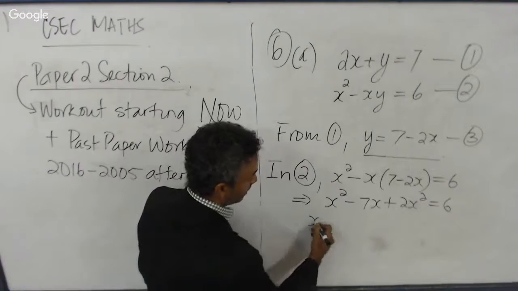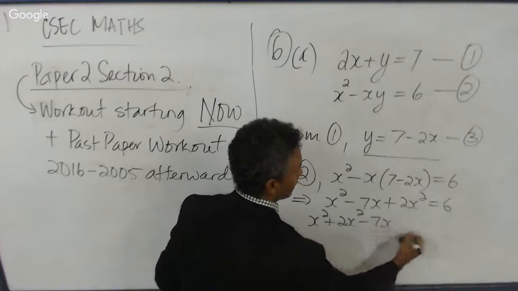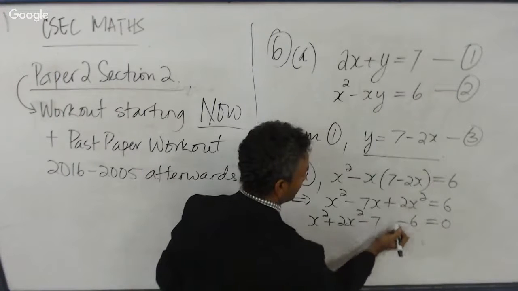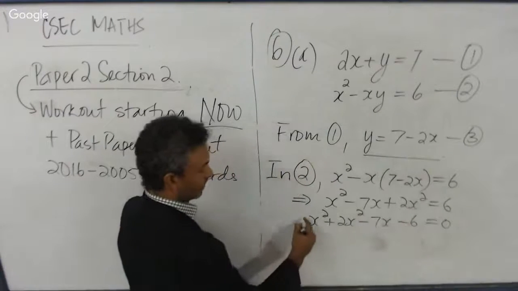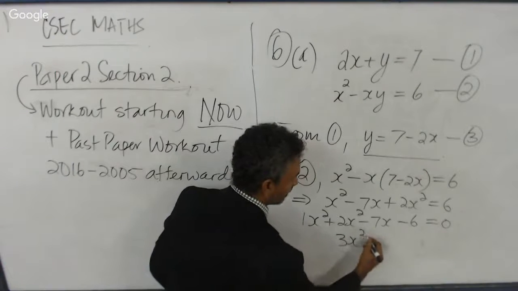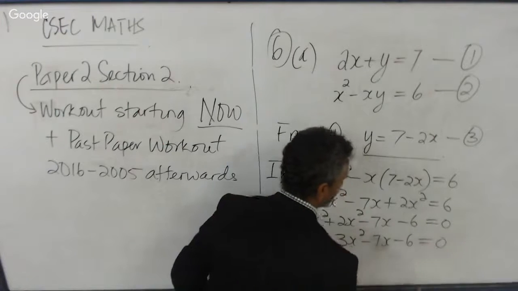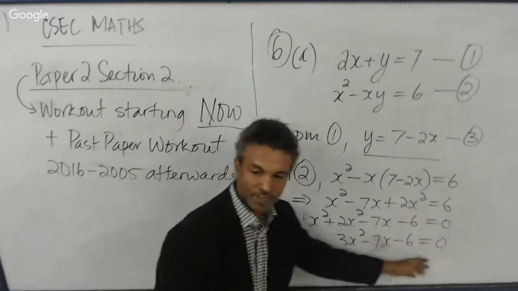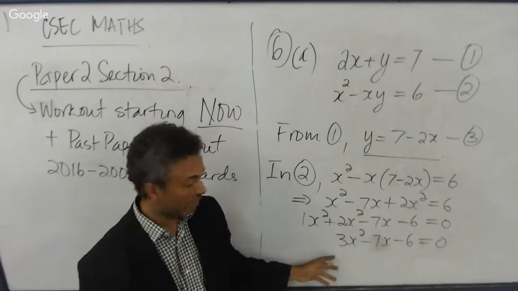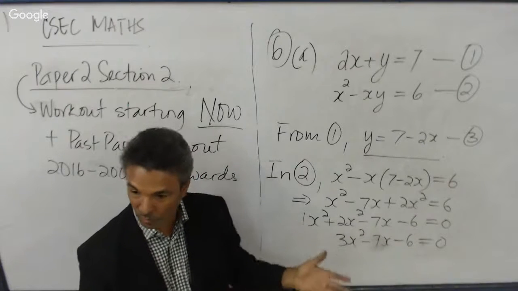So it's x squared plus 2x squared minus 7x minus 6 equals 0. Simplifying, we get, remember this is like 1 plus 2, 3x squared minus 7x minus 6 equals 0. This is the simplest form you can have for this equation. Sometimes you get like 6x squared, 14, and you can divide everything by 2 or something like that.